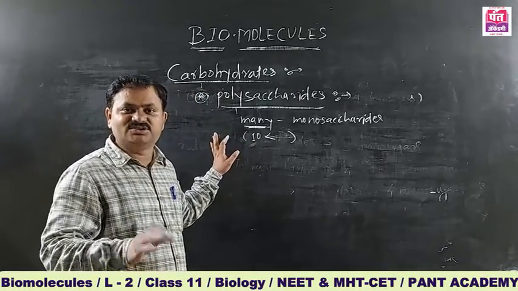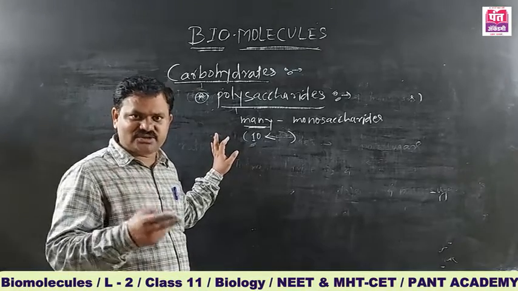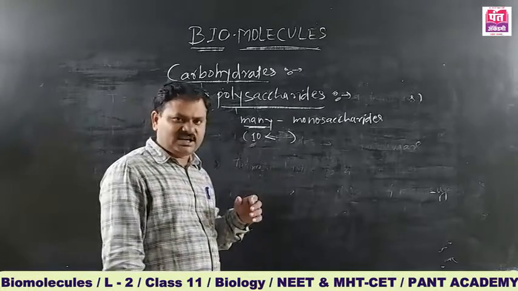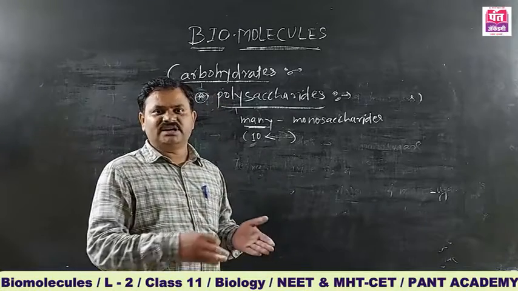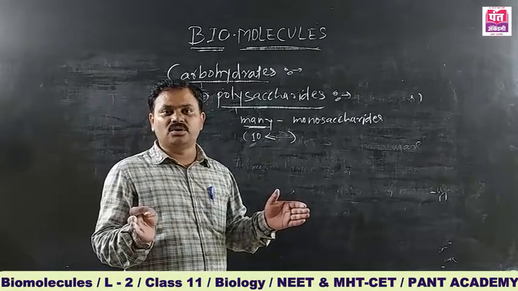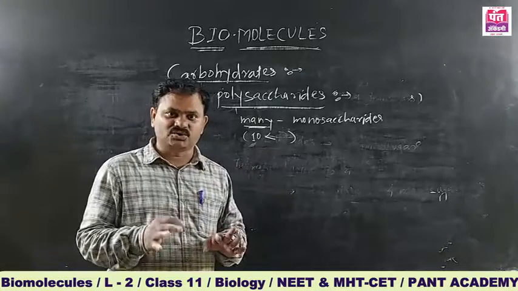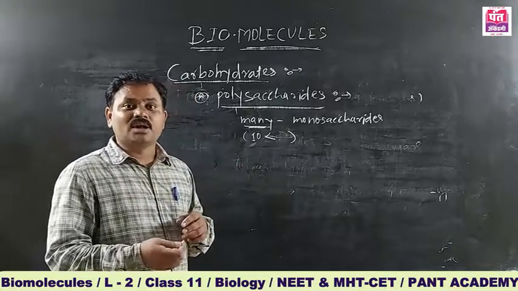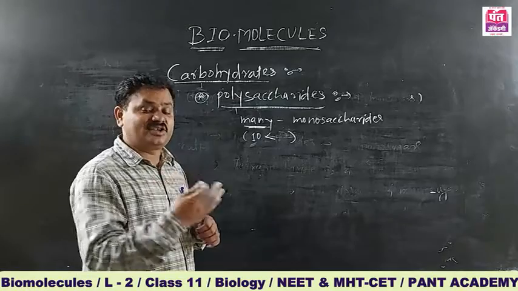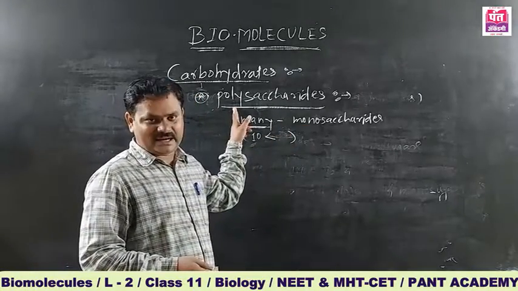Single monosaccharide units are the monosaccharides. Those are simple sugars. If 2 monosaccharides come together, that is a disaccharide. If 3, that is a trisaccharide. 3 to 9 we are including into the special group, the oligosaccharide. But when more than 10 monosugars come together, it forms a polysaccharide.